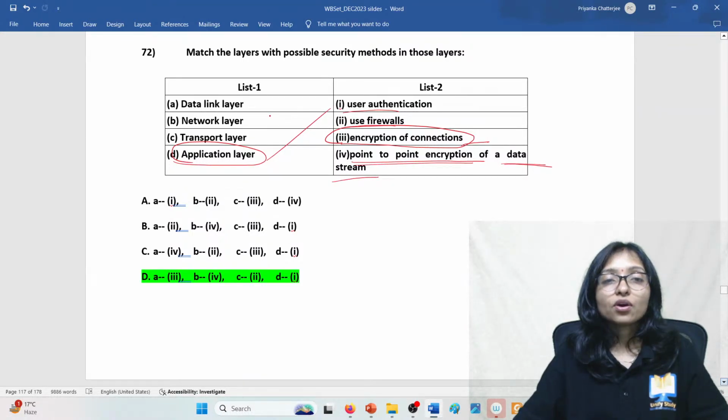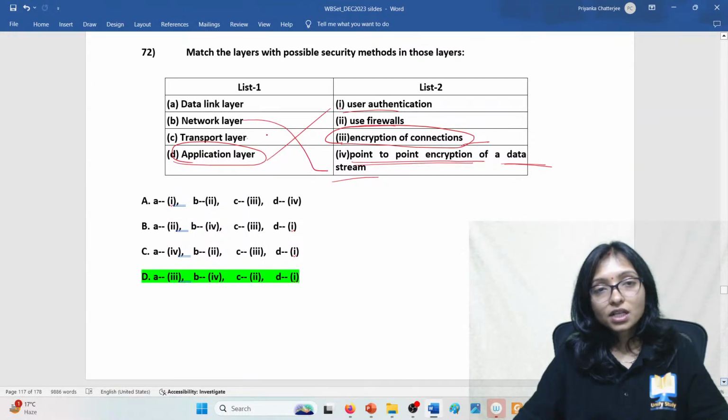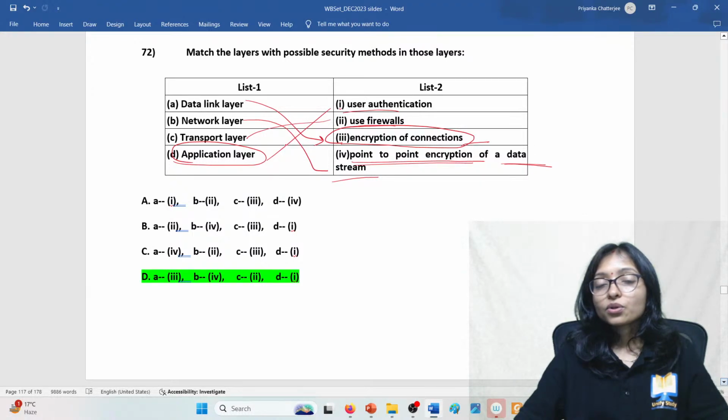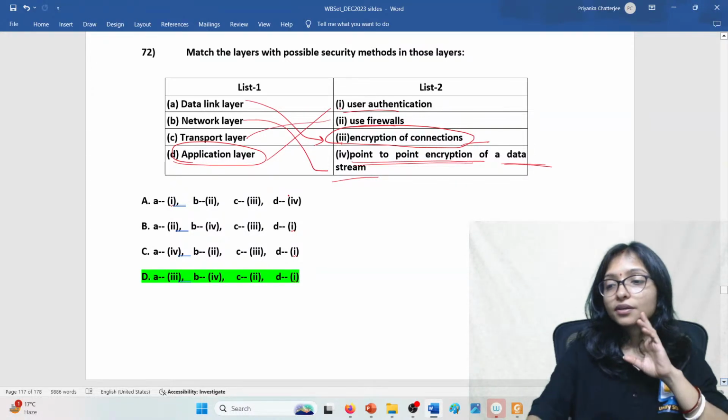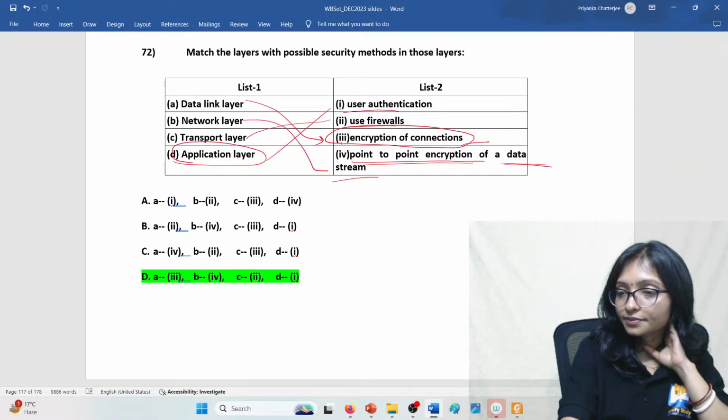Point to point is in this, and transport layer is with this one. Transport layer is working with firewall, and data link layer is working with this. So that's why this is your answer, right? Yes, network is firewall.